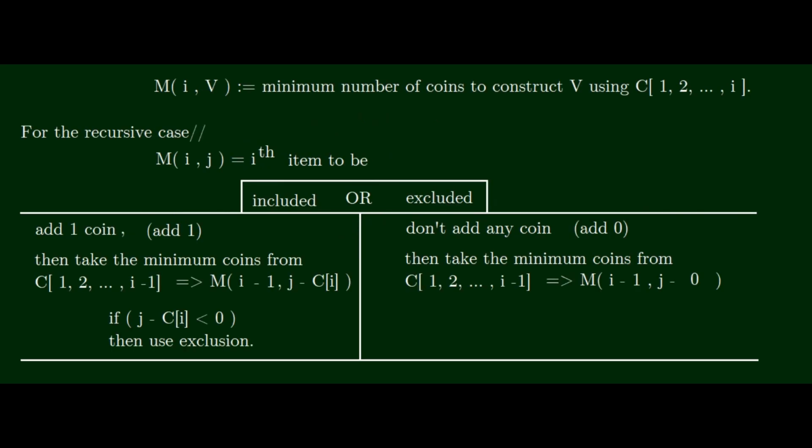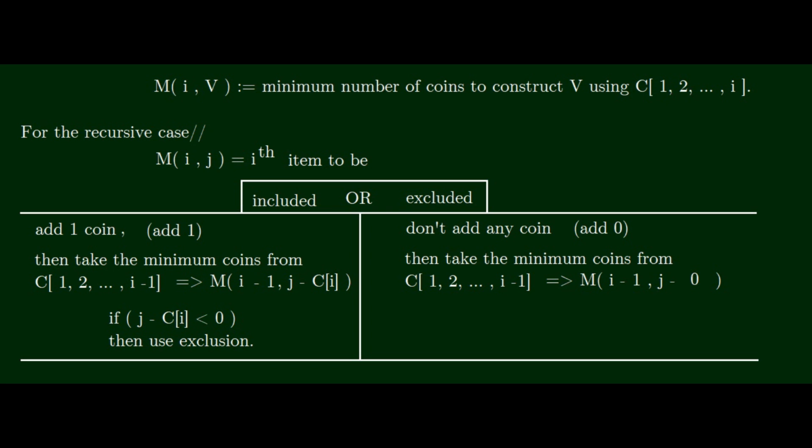So a recursive case includes 2 things. Firstly, shall I include the ith item or not? If I include the item, it means I'm increasing the number of coins included. So if I include it, I should add 1 coin, and then take the minimum coins from the previous solution, from the previous one.